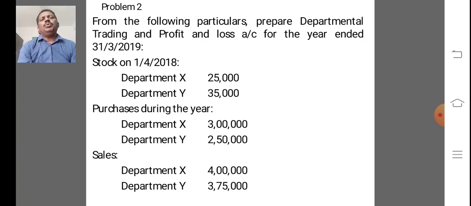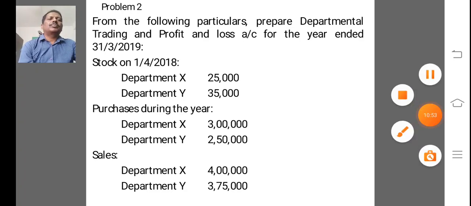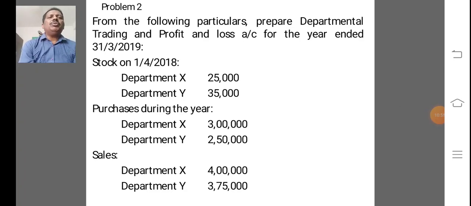And problem number 2, I am taking from the following particulars. Prepare departmental trading and profit and loss account for the year ended 31/3/2019. Stock on 1/4/2018: department X is equal to 25,000, department Y is equal to 35,000. Purchases during the year, department X 3 lakh, department Y 2,50,000.